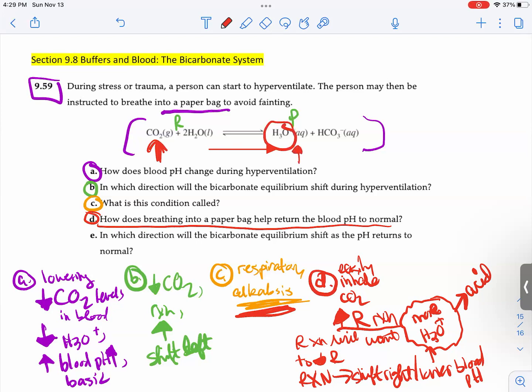That's going to go up. So the pH is going to go down, which is more acidic. Okay. All right. There you go. Which direction will the equilibrium shift as the pH returns to normal? Well, we've already talked about that pretty much in our discussion. So, all right. Okay, good.